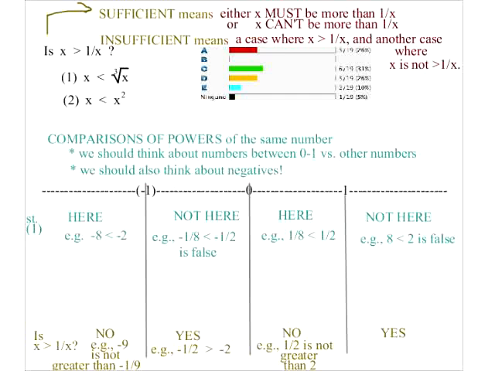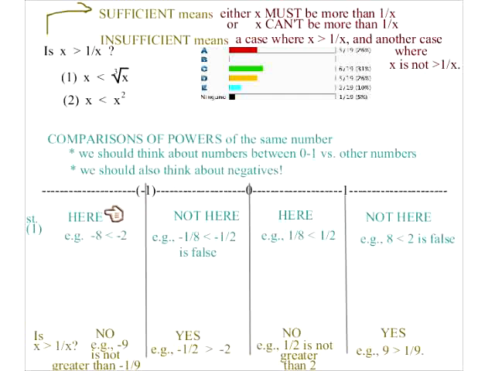For instance, 9 is greater than 1 over 9. So notice that these two regions produce no's to the question, whereas these two regions produce yeses to the question.